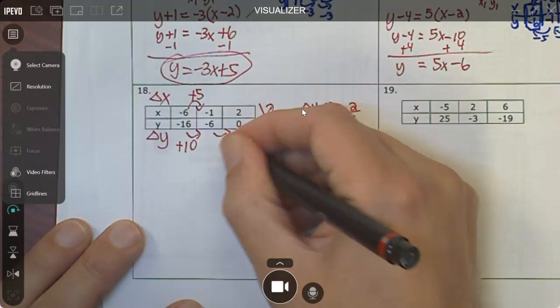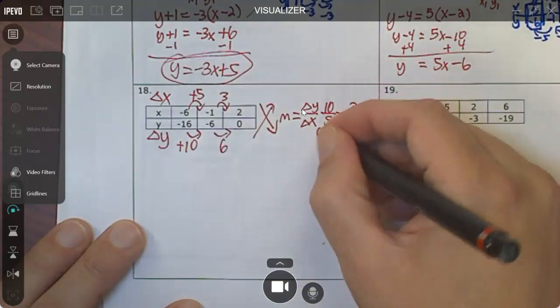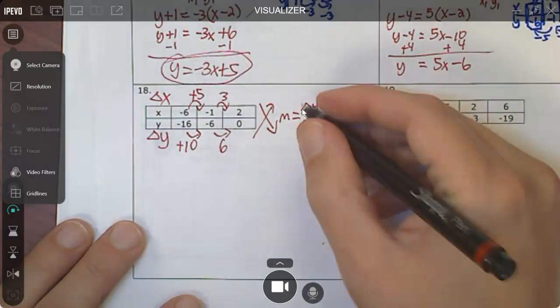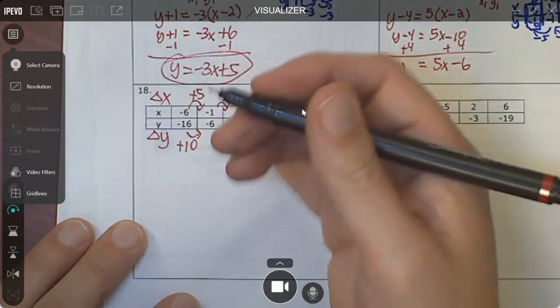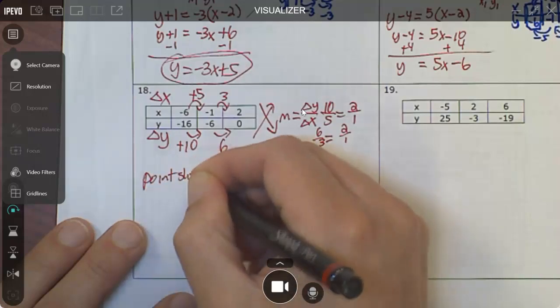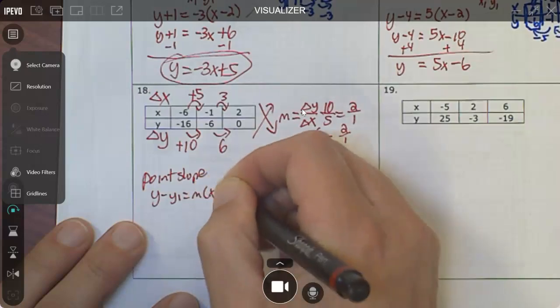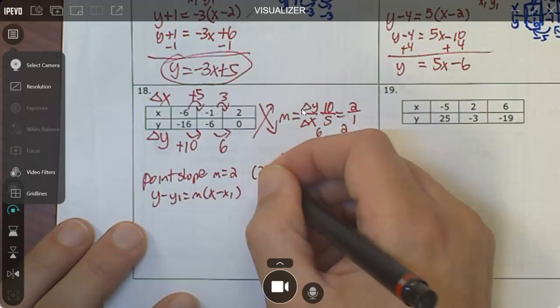Here, just to make sure it's constant, that jumped up 3. So M is 2. Okay, so point slope. And so M is 2, and let's use 2, 0.